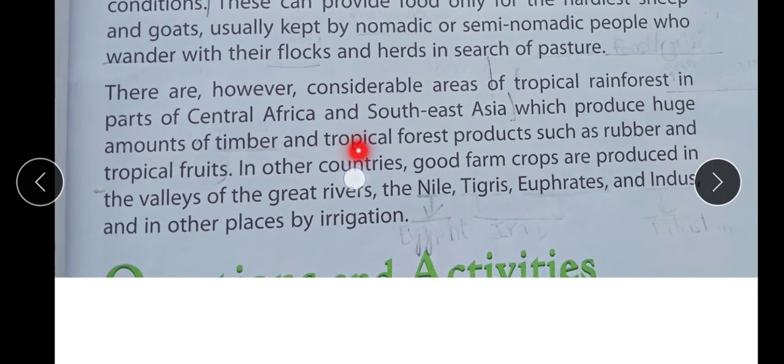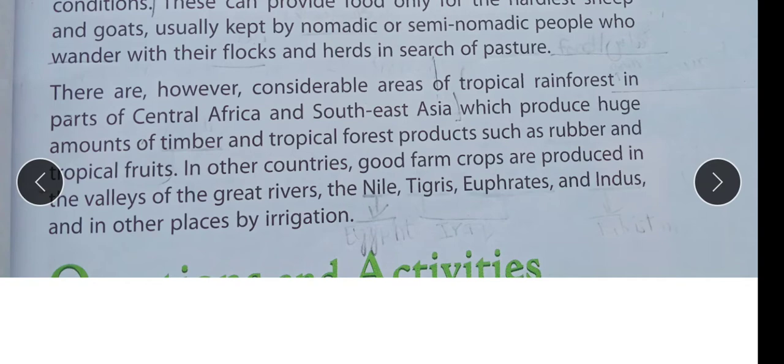Now come to the last paragraph, which tells us that there are, however, considerable areas of tropical rainforest in Central Africa and Southeast Asia, which produce a huge amount of timber and tropical forest products such as rubber and tropical fruits.